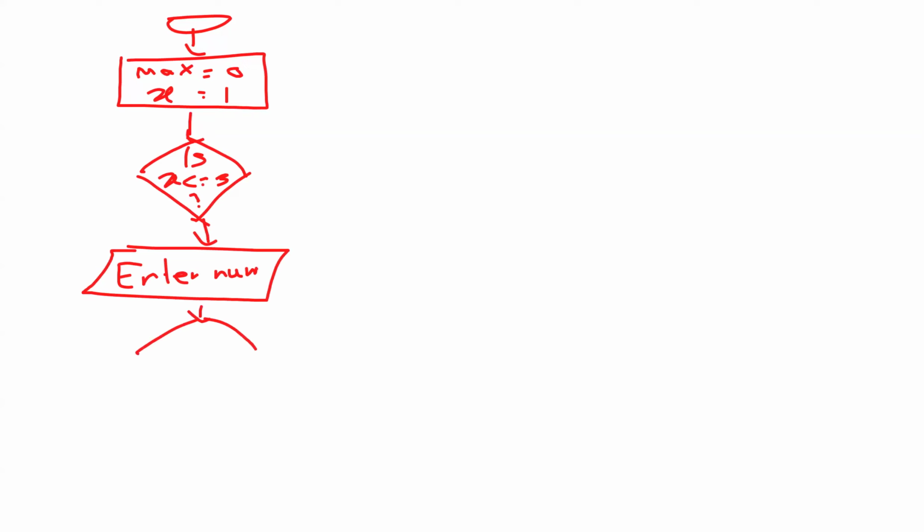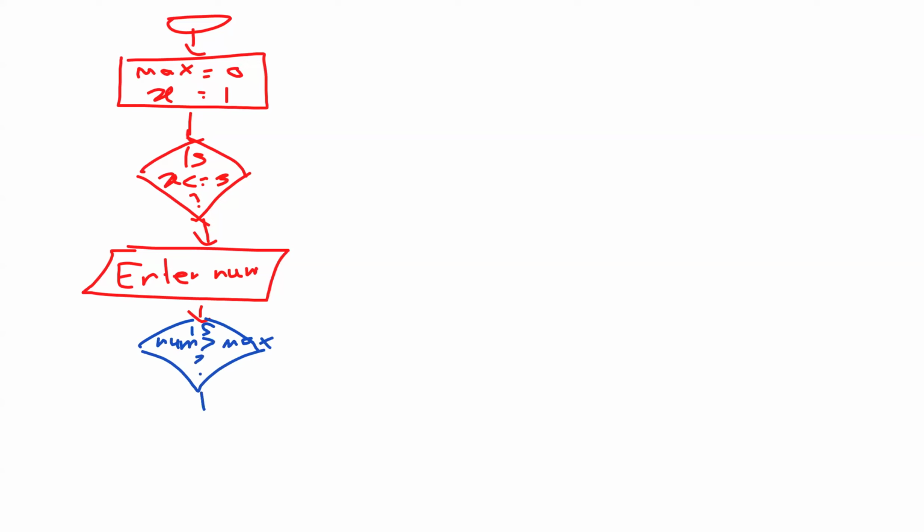Then you ask another question again: is num greater than max? Because currently you have a variable called max, and in the next round also you have a variable called max. You ask each time, is num greater than that?